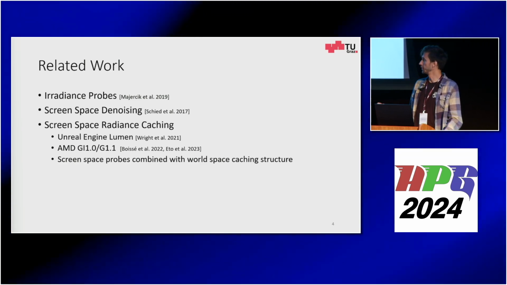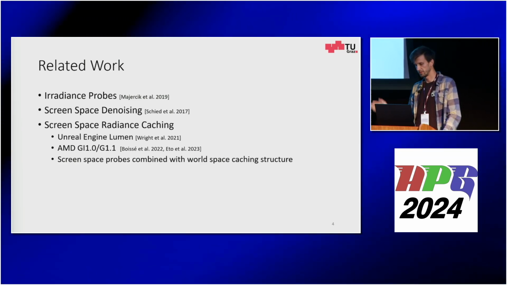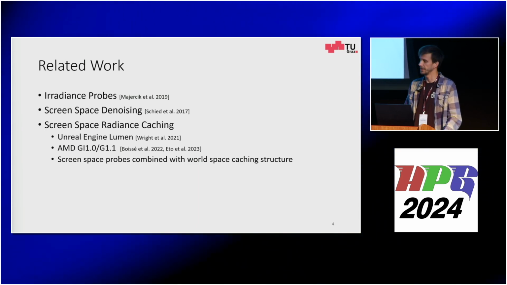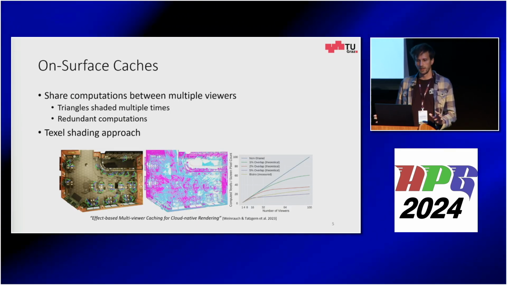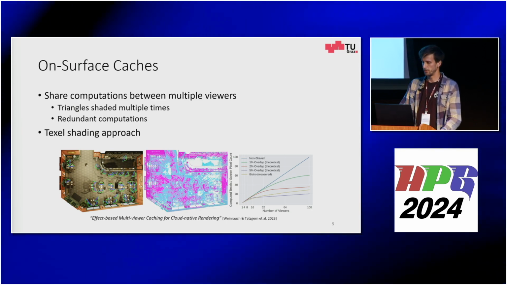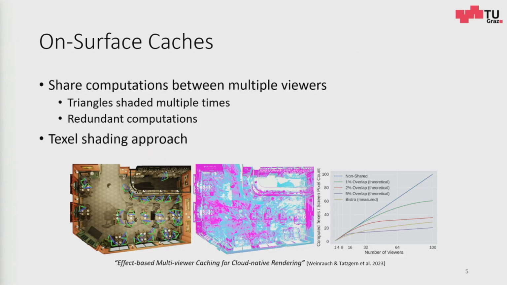For that we're using on-surface caches, and this also has some nice benefits we will see later on. On-surface caches were introduced with the goal of sharing computations between multiple viewers. The idea behind it is that if you have multiple viewers looking at the same objects, triangles will get shaded multiple times, and redundant computations are performed.